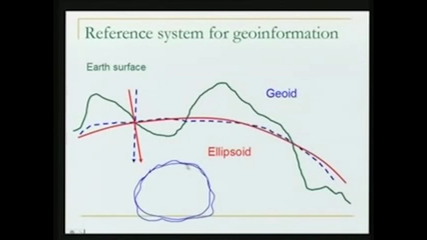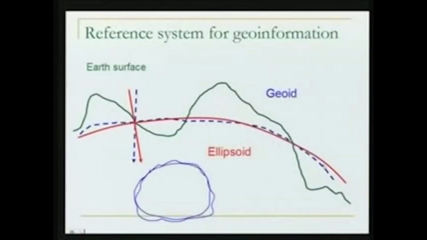Maybe it is applicable more here than any other part. Now, this is an ellipsoid, so we know mathematically the equation of the ellipsoid. The same ellipsoid is shown here by the red line. Well, this ellipsoid will not be parallel to the geoid because these two are different surfaces.